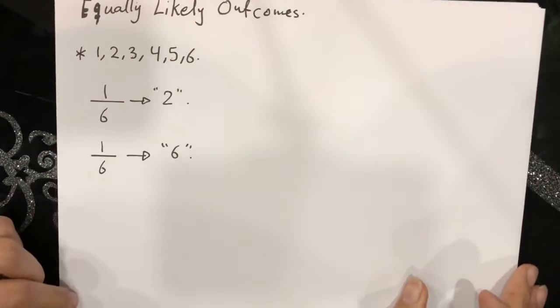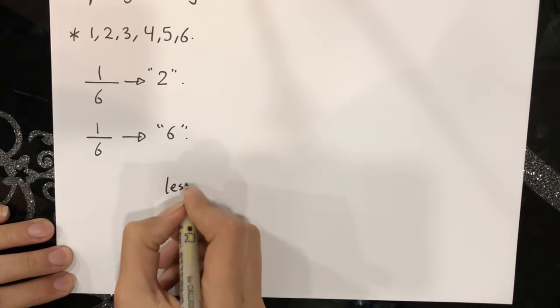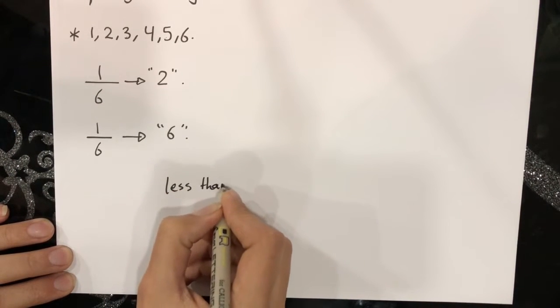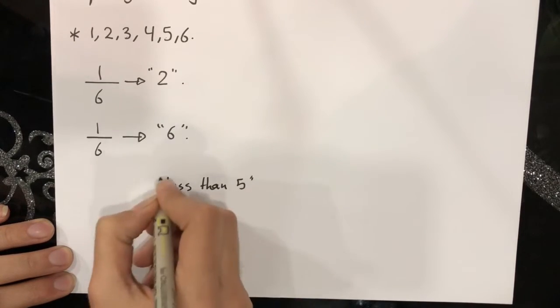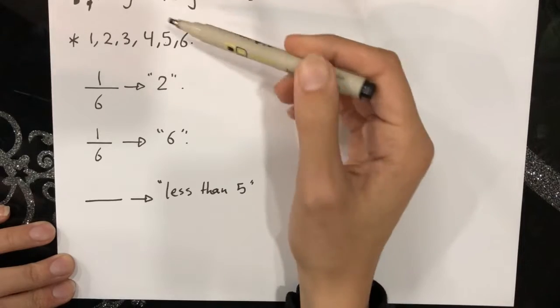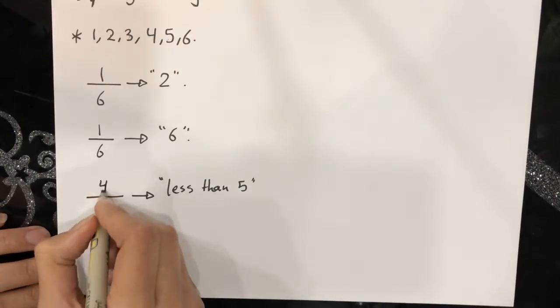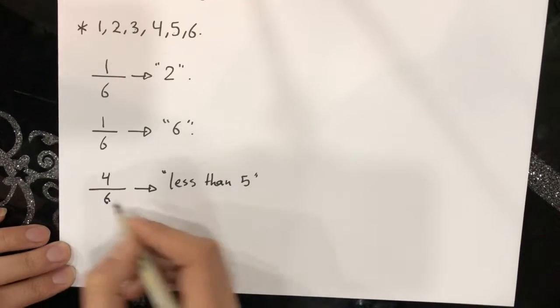What is the probability of getting a number that is less than 5? You will see how many numbers do I have that are less than 5. 1, 2, 3, 4. So it is 4 out of 6.